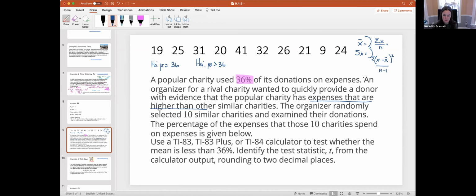And then you take the square root of it. How do you do it on the calculator? Do you remember how to do it on the calculator?